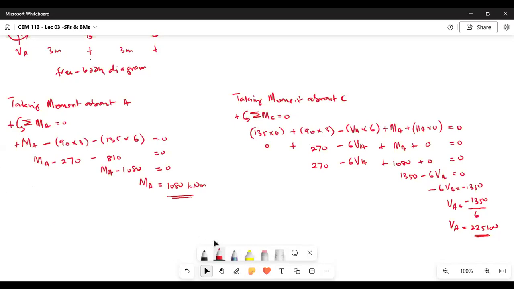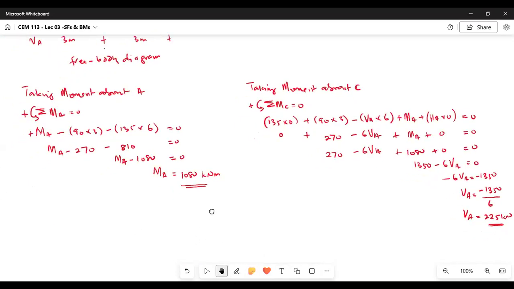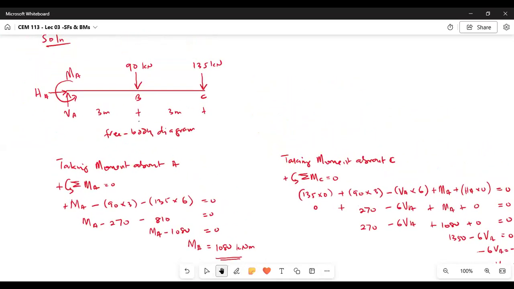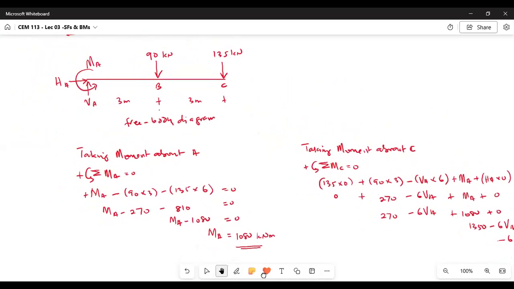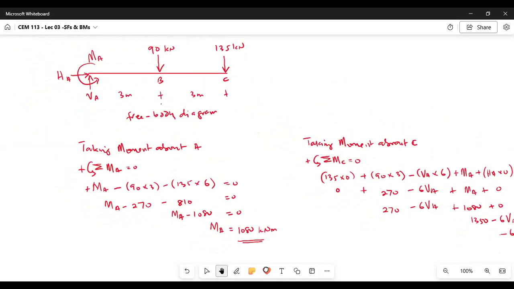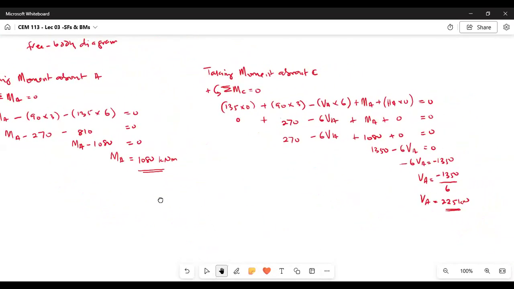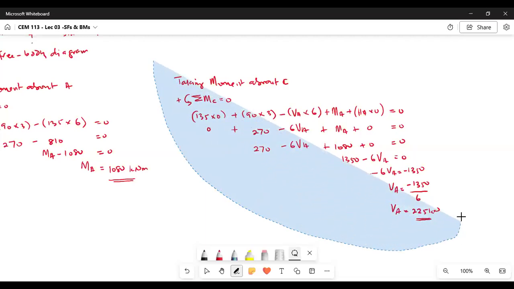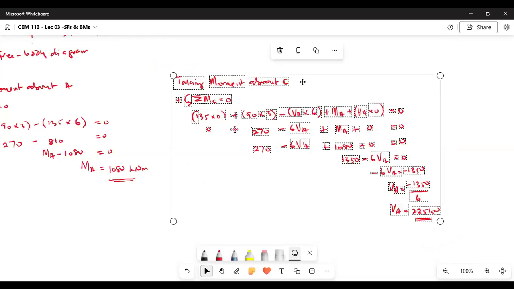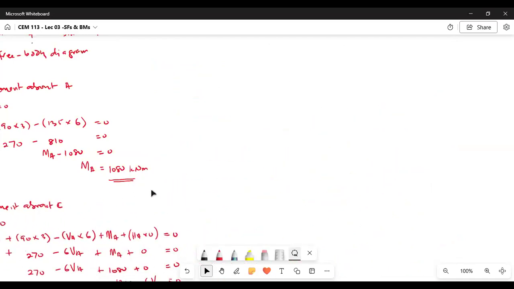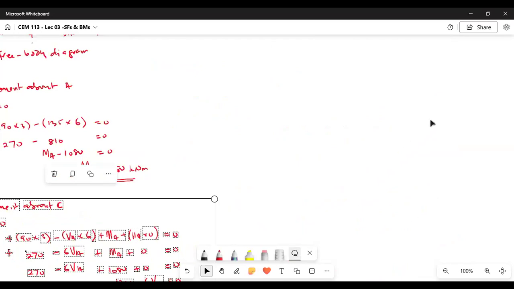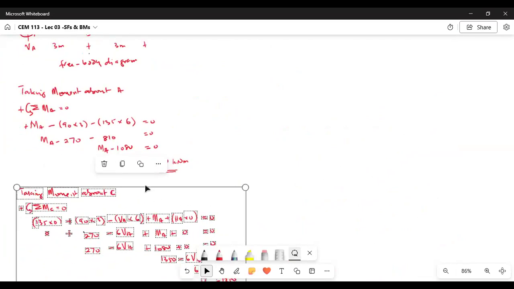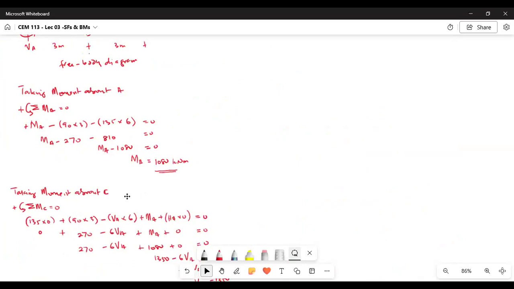So as usual, that's what we have done. We know there is a horizontal force, okay? There is one horizontal force. But even this calculation, why don't I move it here so that it becomes easy to recall with.